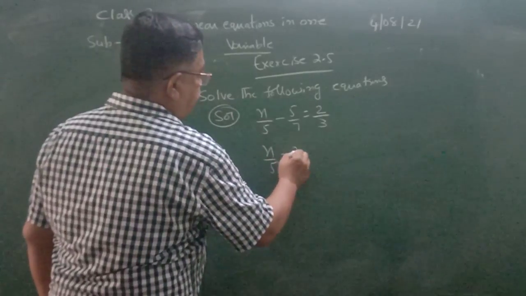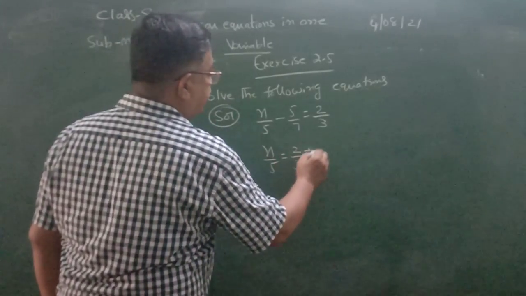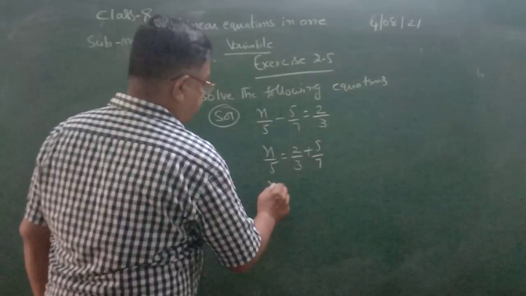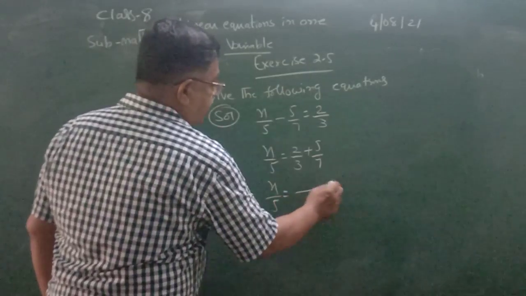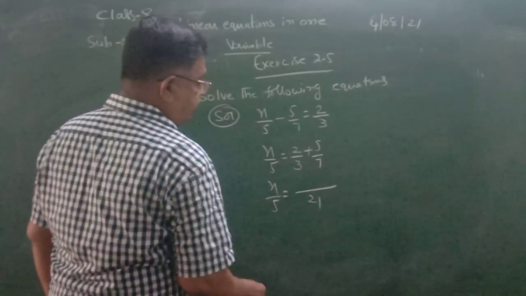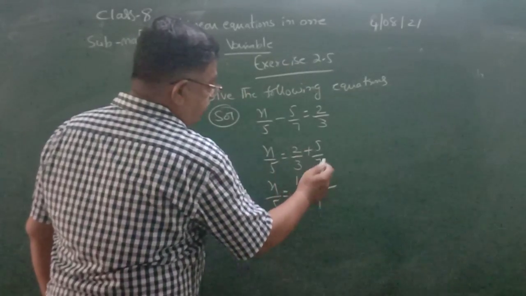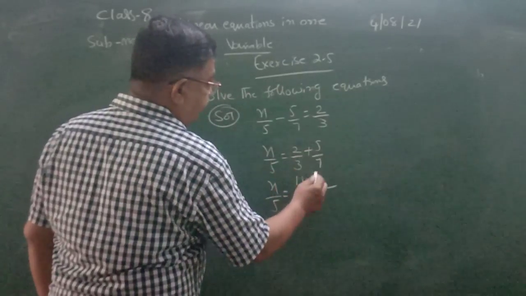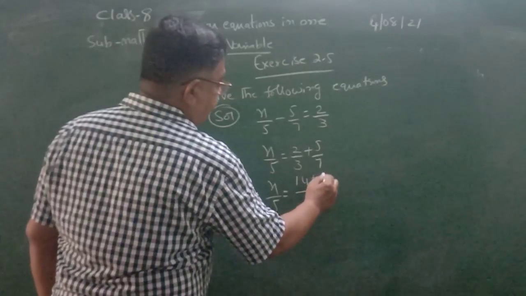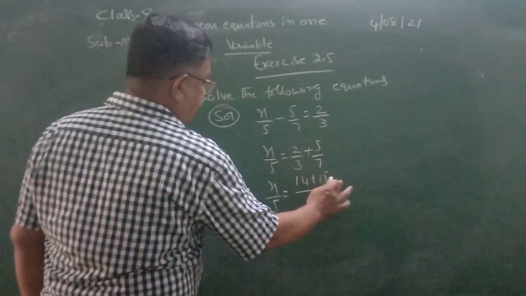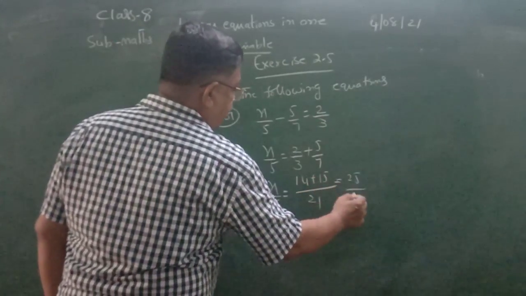N by 5 equal to 2 by 3 plus 5 by 7. n by 5 equal to LCM of 7 and 3 is 21. 3 divides 21, 7 times 7 into 2, 14. 7 divides 21, 3 times 3 into 5, 15. We get this is equal to 25 by 21.